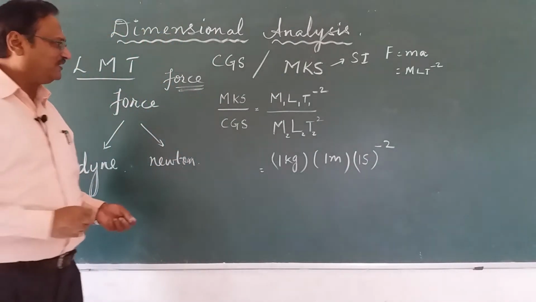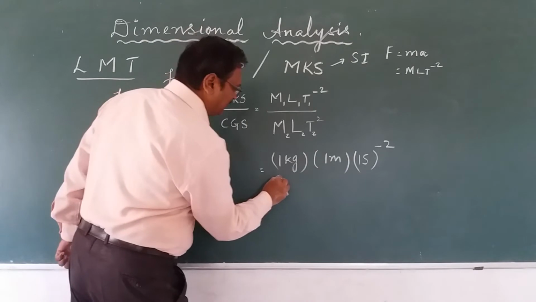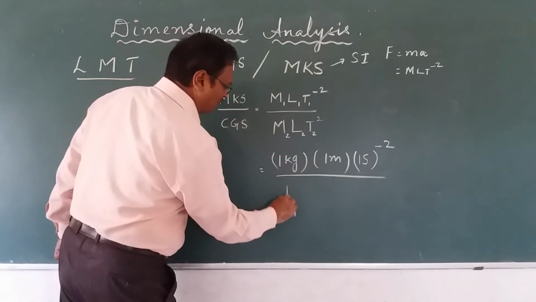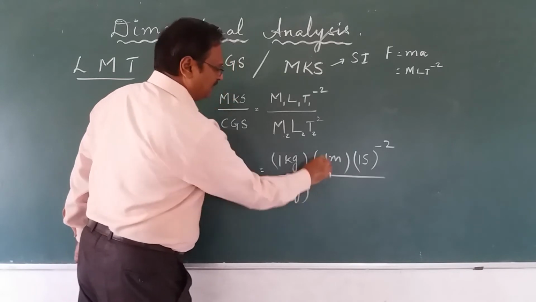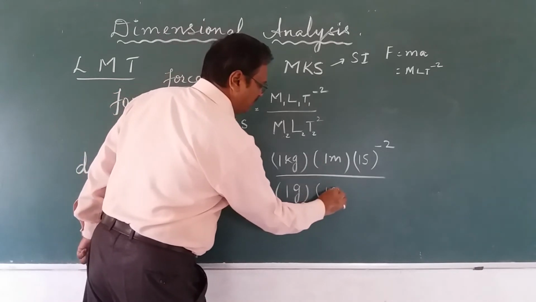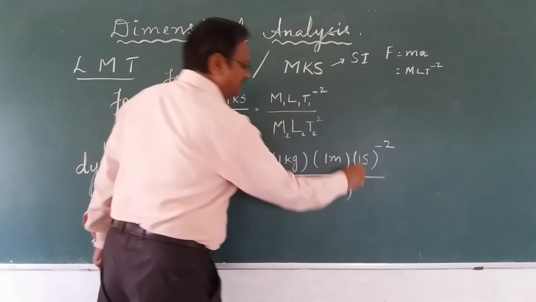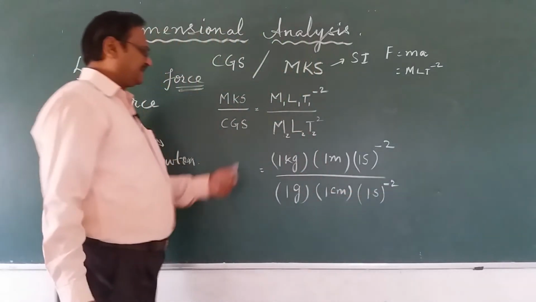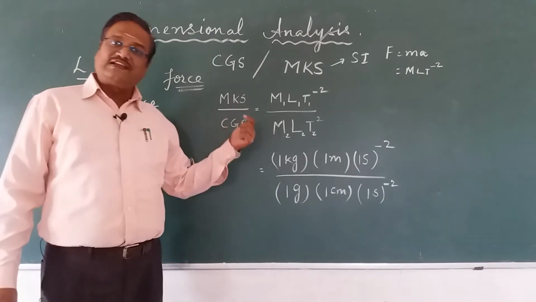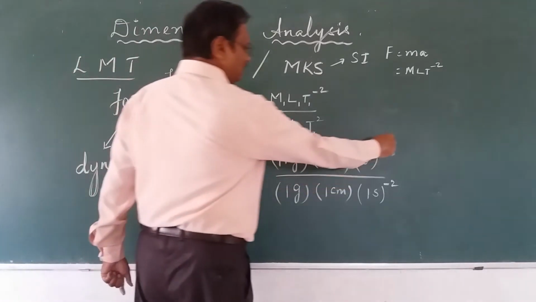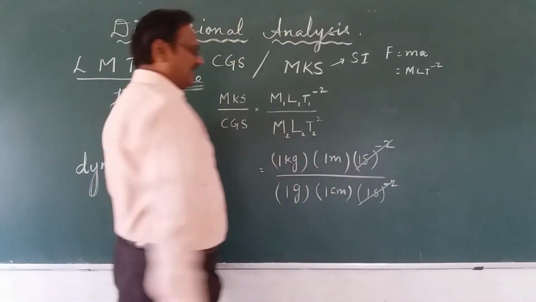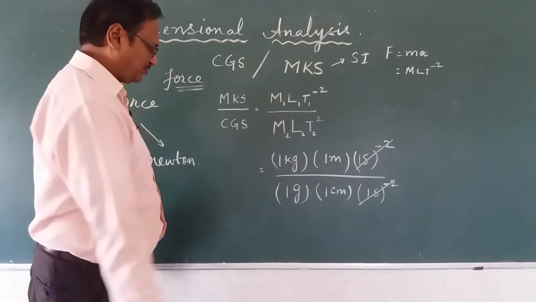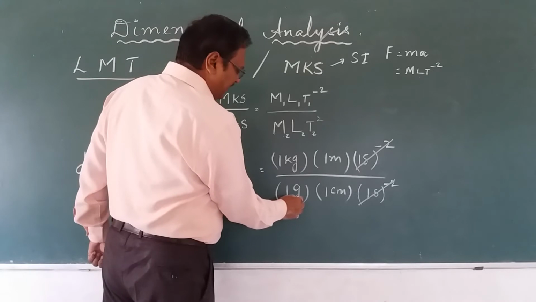You understand now? Now the CGS system. Come down to the denominator. Mass is 1 gram, then distance 1 centimeter, and time again the same, 1 second, whether it is MKS or CGS. So cancel 1 second and 1 second. Now we have got 1 kilogram, 1 meter, and this is 1 gram.